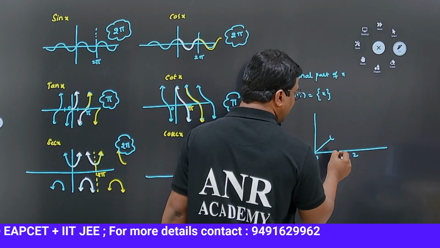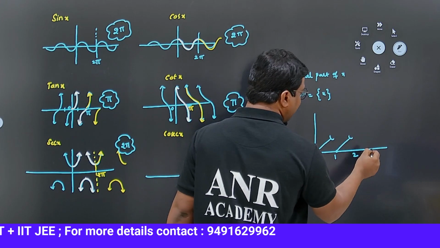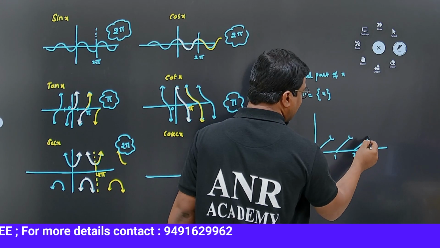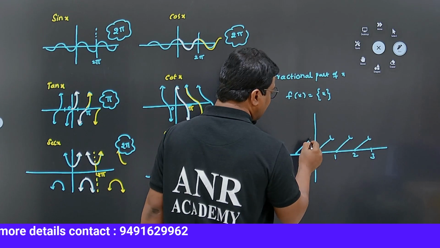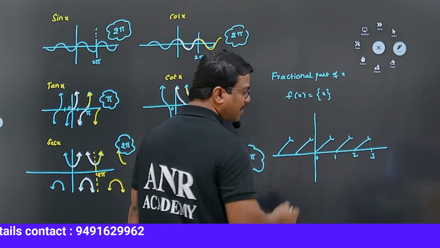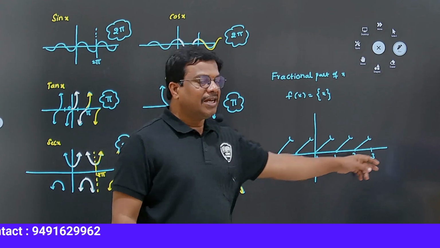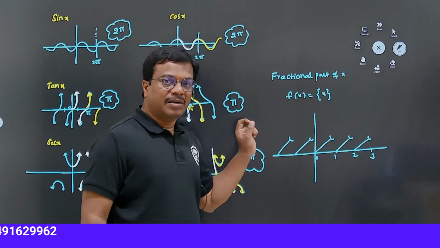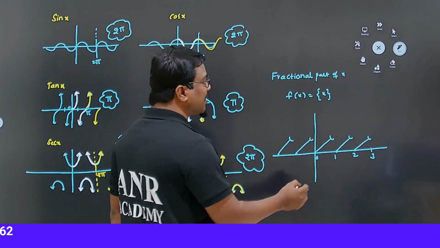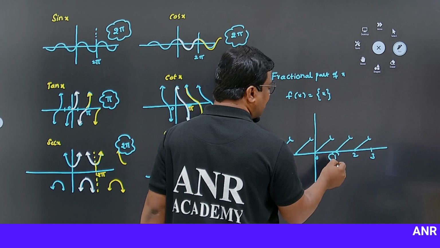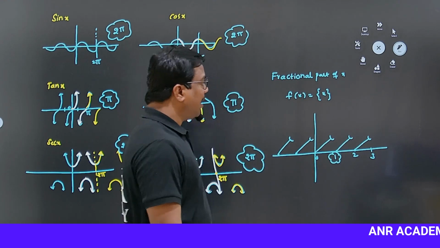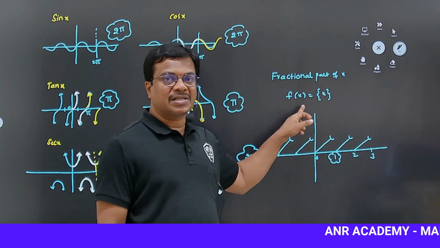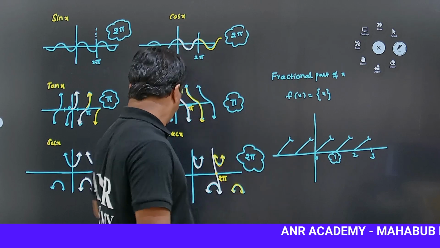Next, from 1 to 2, this is the graph, and in the interval 2 to 3, this one. It is also defined for negative values of x. 1, 2, 3 and so on are periods of the function, but the least positive real number is known as the fundamental period, and the fundamental period of this fractional part function is clearly 1.